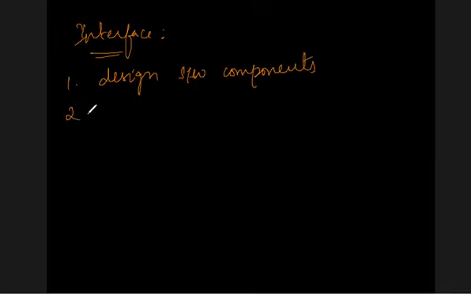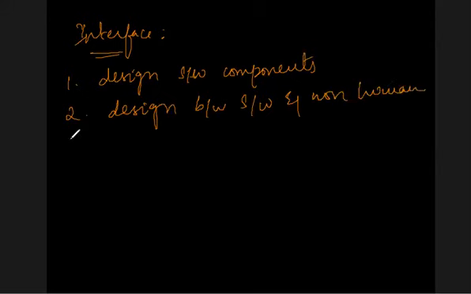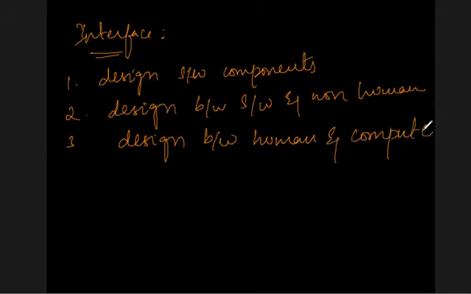It focuses upon the design of the different software components, the design of the interface between the software and other non-human producers, and the design of the interface between a human and the computer. An example of an interface can be a graphical user interface, GUI.